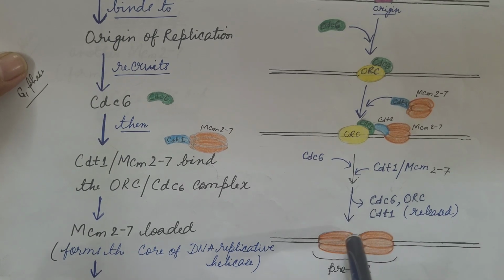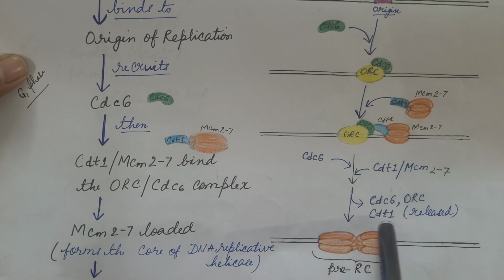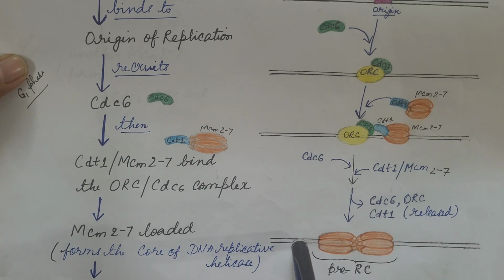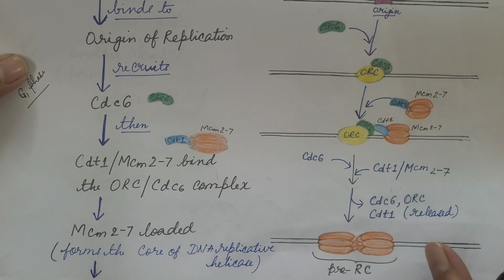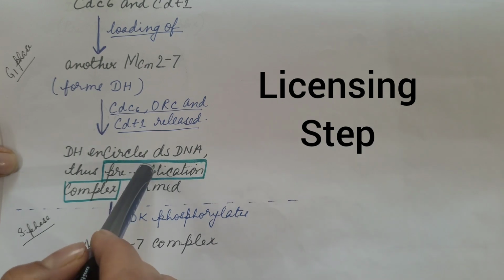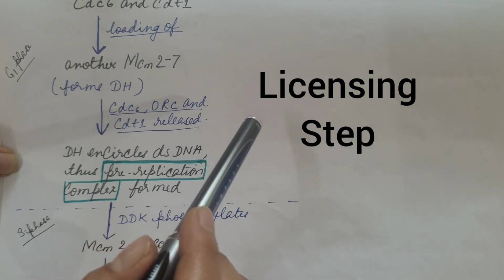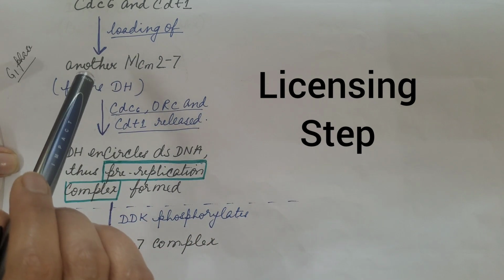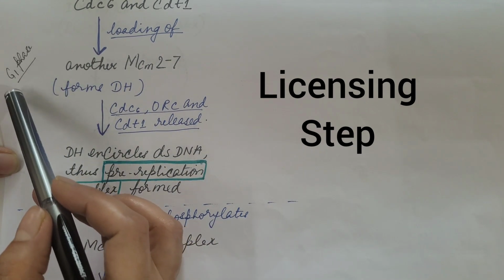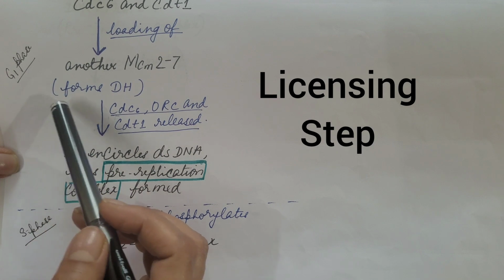Now this double hexamer is present at the origin, and it encircles double-stranded DNA. This is known as the pre-replication complex. So all the above mentioned events take place in the licensing step of initiation, and these events occur in the G1 phase of the cell cycle.